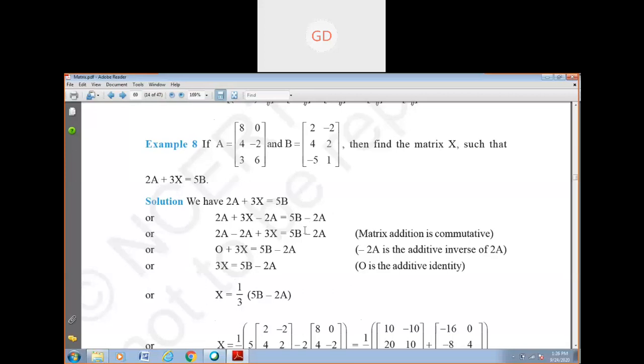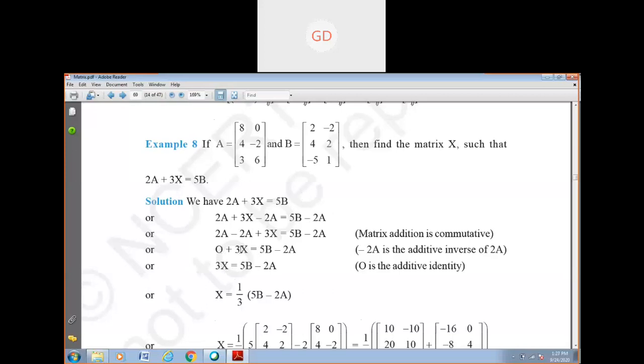And finally, we have thrice X alone, that is, the term containing the unknown matrix X is alone on the left hand side, and this was our target, to keep X alone on the left hand side. So it is a zero matrix.